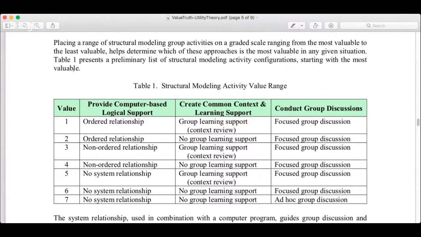So computer-based logical support, what we're looking at here is a strict order type of relationship. That's the GMU ISM, and our software basically has a mode that supports an ordered relationship.